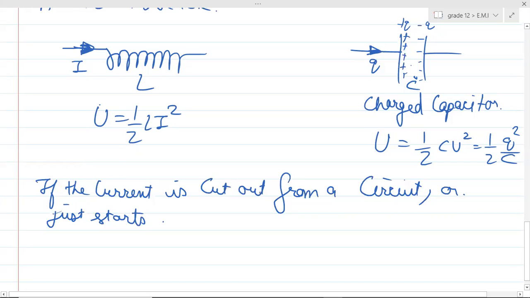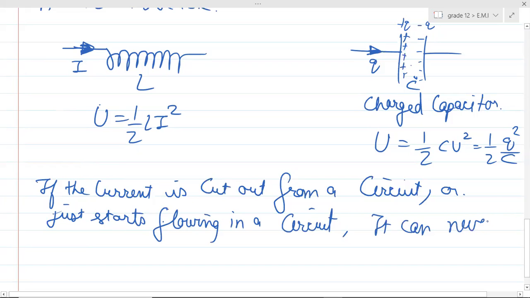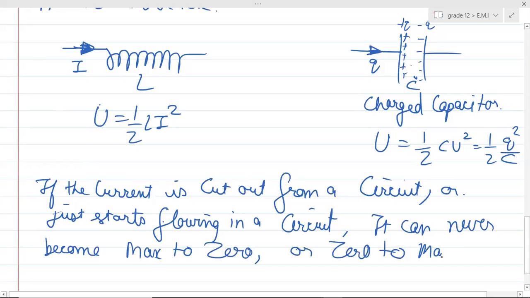So if the current is cut out from a circuit, or just starts flowing in a circuit, it can never become maximum to zero, or zero to maximum, in an instant, right?